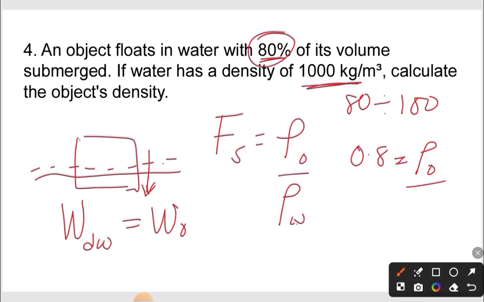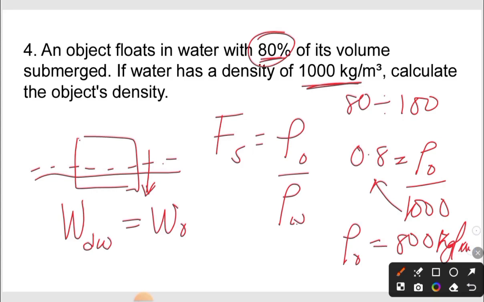I know the density of water is 1000. So in order to get it, we multiply this by that. We are going to have density of object equals 0.8 times 1000, which is 800 kilogram per meter cube. I know you are not used to this formula, but stick to it and you need it elsewhere.